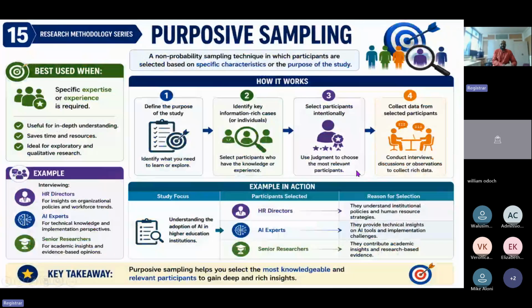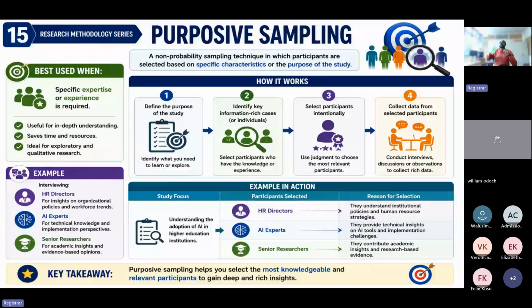Now, the next one, purposive sampling. Here you need specific expertise and experience, because your purpose is to have a deep understanding of things. So you want to get samples from experts only.